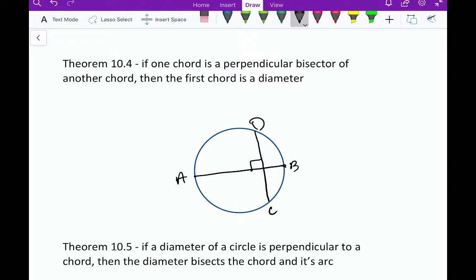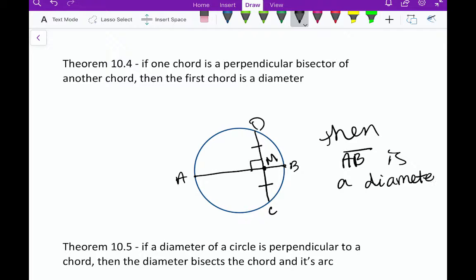That means that this is a right angle and that those are congruent segments. We're going to call this M. So MD is congruent to CM. If this is true, then segment AB is a diameter.